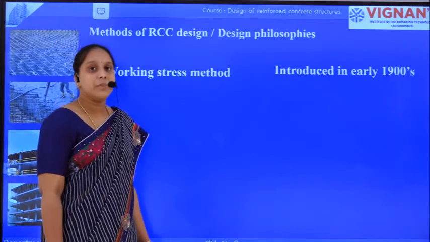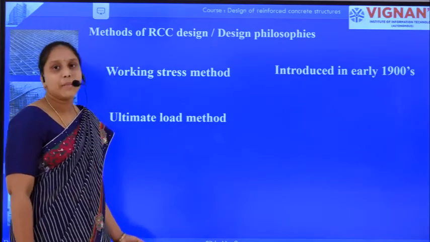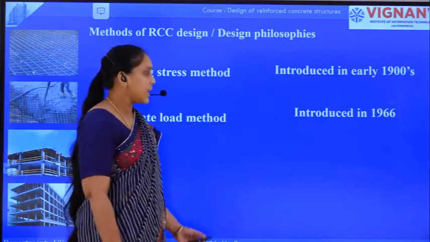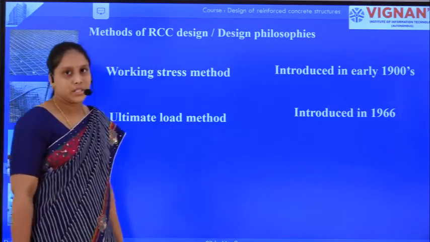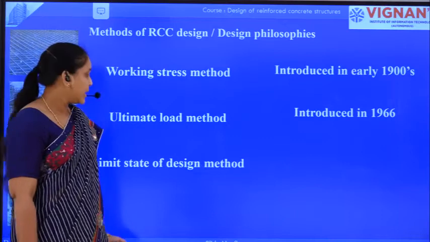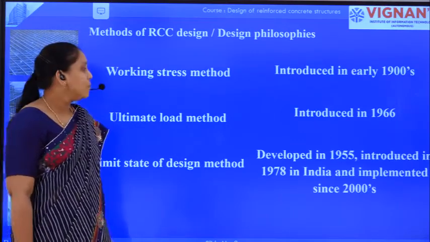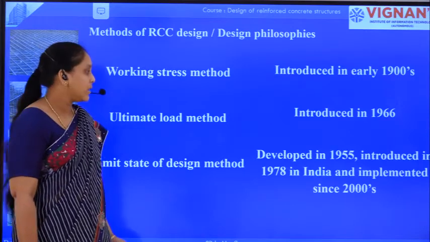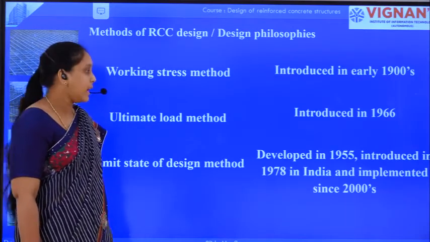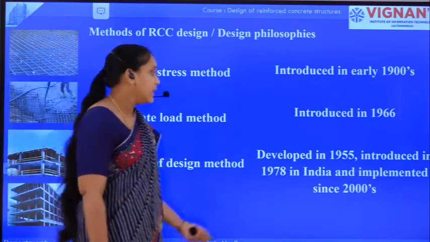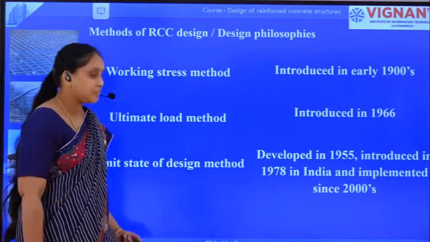The next method is the ultimate load method, which was introduced in 1966. And the next method is the limit state design method, which was developed in 1955, introduced in 1978, and implemented in India since 2000.